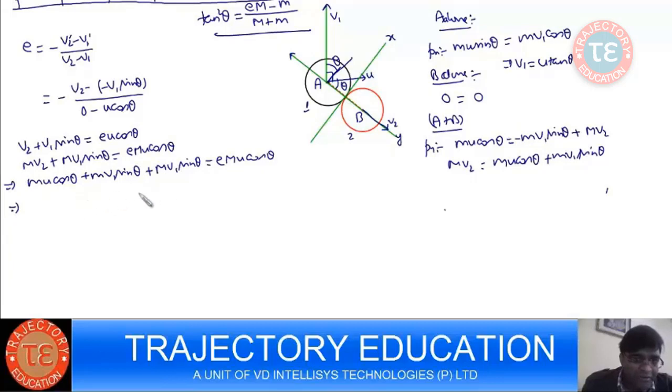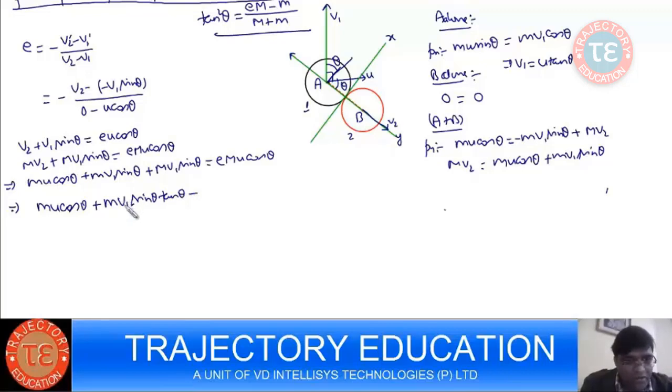So what we are getting is, I have v1 with me. v1 is u tan theta, so that becomes mv1 sin theta, u tan theta.